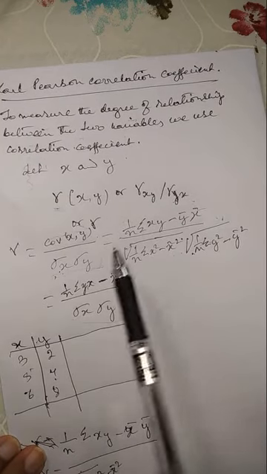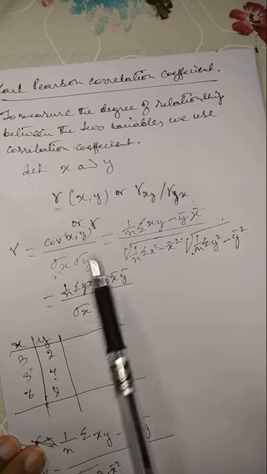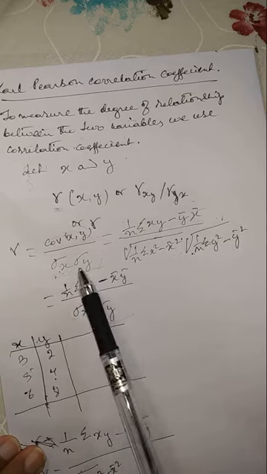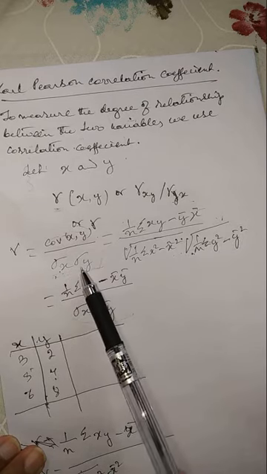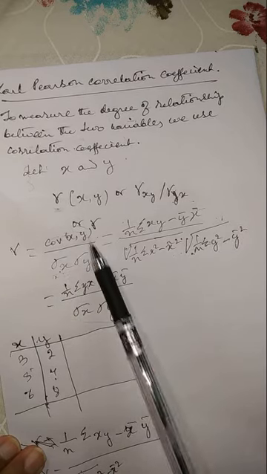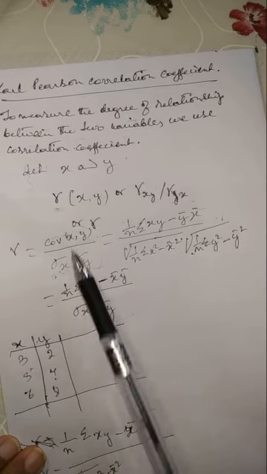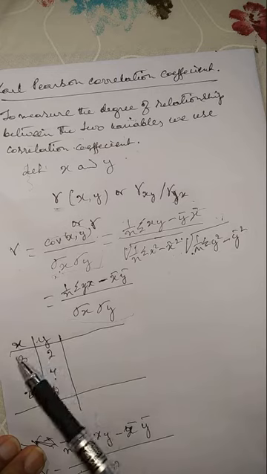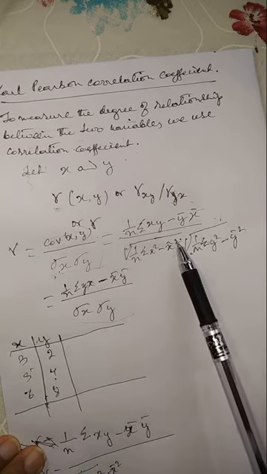So you have to know what data is given in the table or in the question. If covariance and standard deviation are given, then you can use this part of the formula. But if only the values of x and y are given, then you can use this formula.